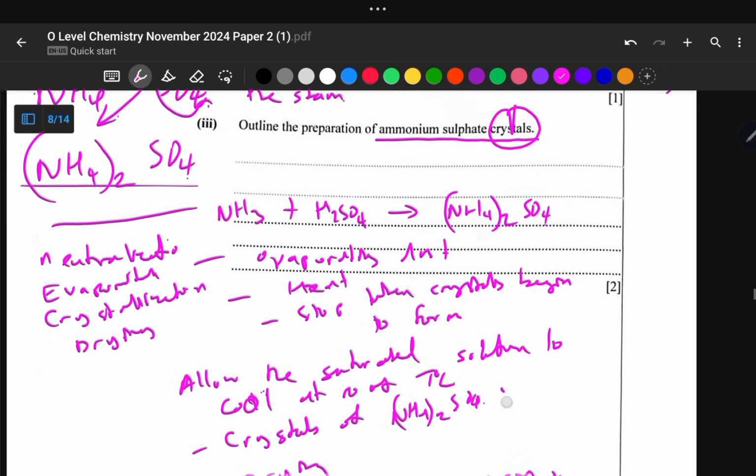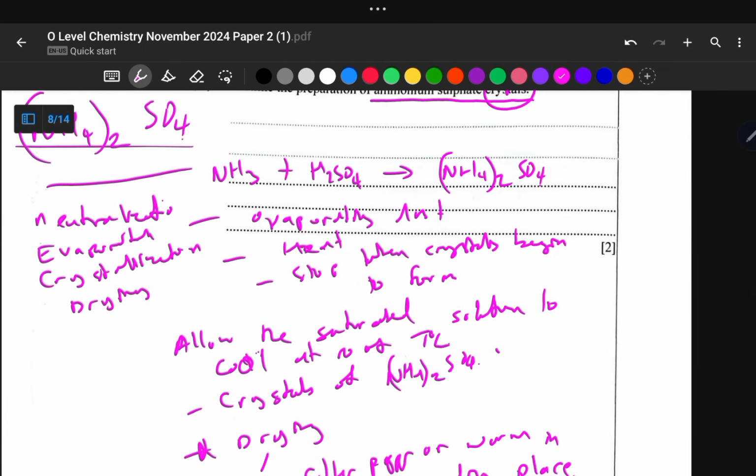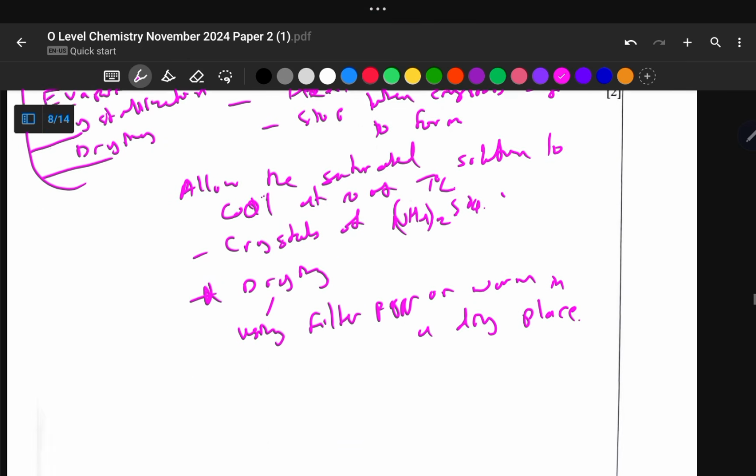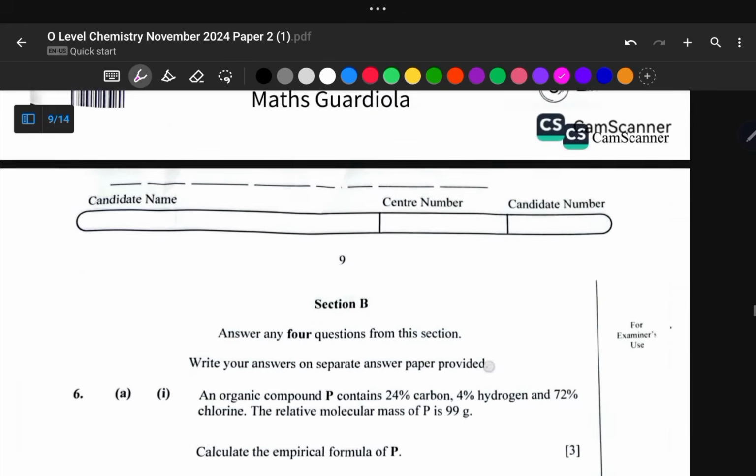So this is the method of crystallization. You need to know first neutralization, evaporation, crystallization, and then drying. So these are the steps of the crystallization process. And then we're now moving on to section B.